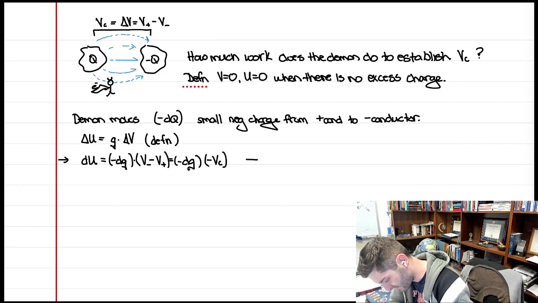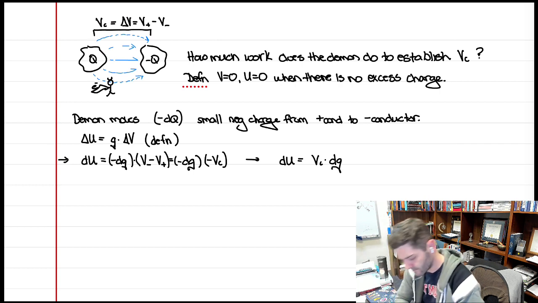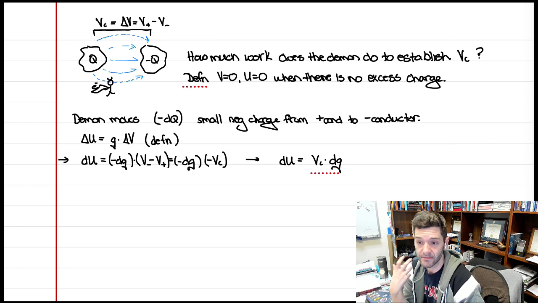So then, minus signs all cancel. It looks like the change in potential energy of the capacitor is V_c times dq, a positive number. Okay, good. That jives with what we're thinking.